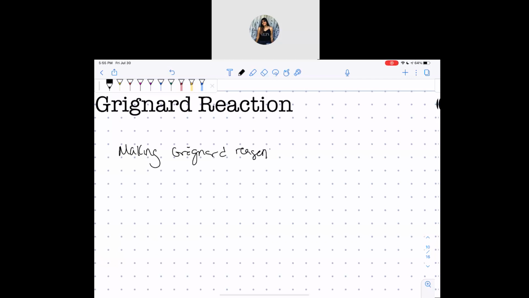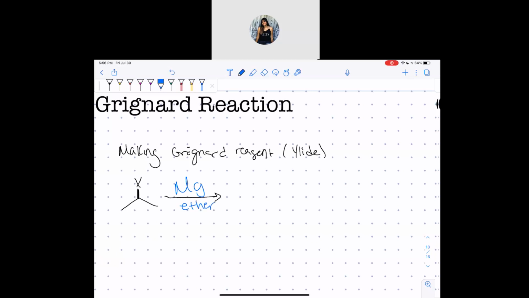You should also know that the Grignard reagent is also called the ylide. And this happens with some kind of alkyl halide, right? And we react the alkyl halide with Mg and ether.